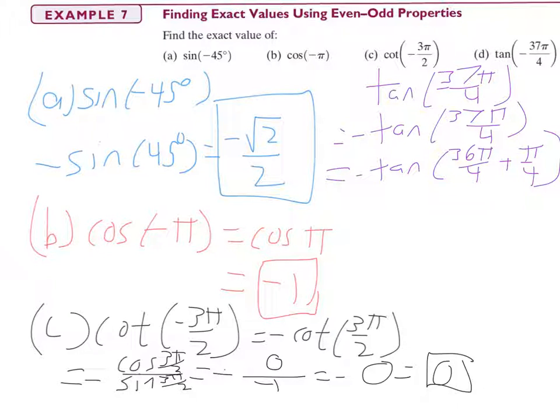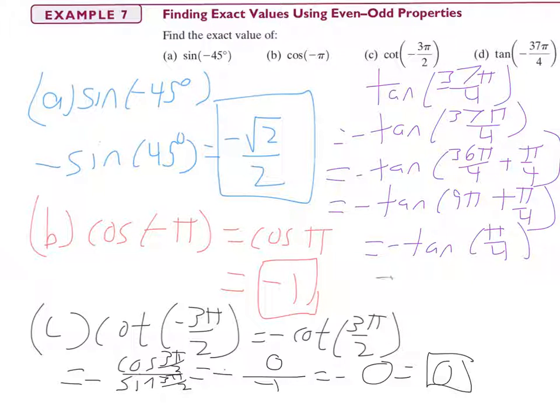We chose this because we know 36 over 4 reduces to 9 pi. Now since the period of tangent is pi, 9 pi just means it started over 9 times, so that's the same as negative tangent of pi over 4. We said in earlier examples the tangent of pi over 4 is 1, but since it's negative, it'd be negative 1.